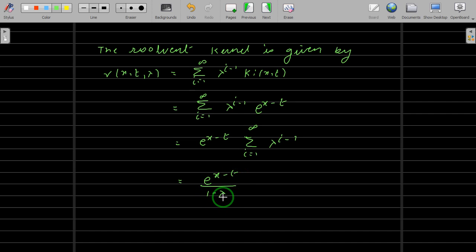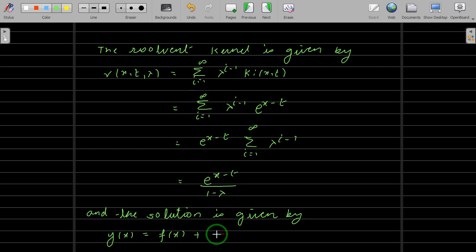And once we have this, we can say the solution is given by y(x) equals f(x) plus lambda integral 0 to 1 gamma(x, t; lambda), that is e raised to x minus t upon 1 minus lambda, f(t) dt.